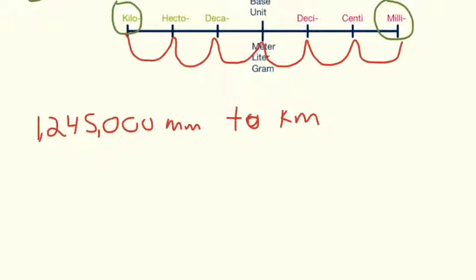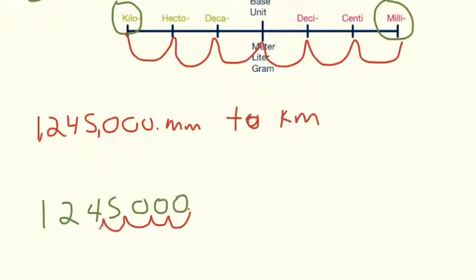So here's my number again. 1, 2, 4, 5, 0, 0, 0. And the decimal, right, is after the last number if it's not written. And so we take our decimal and we go 1, 2, 3, 4, 5, 6.